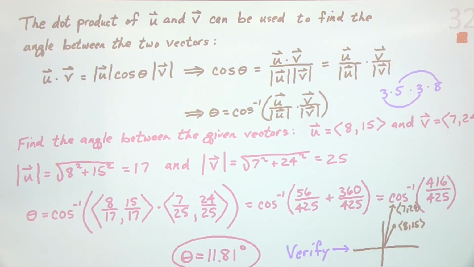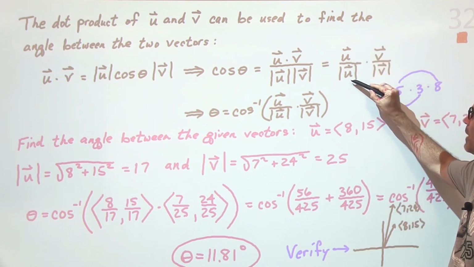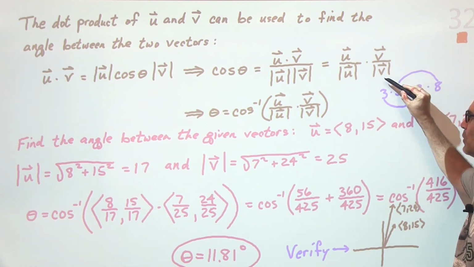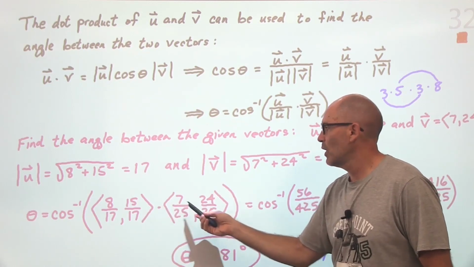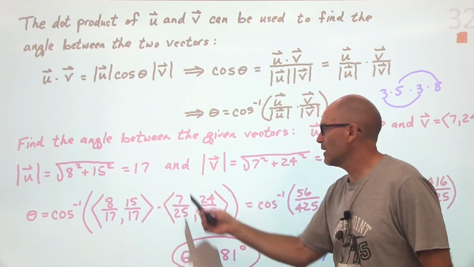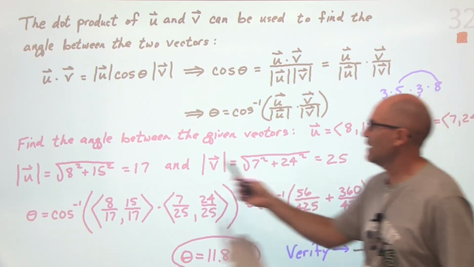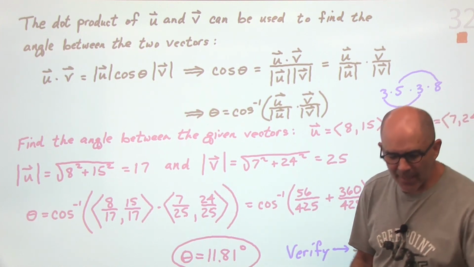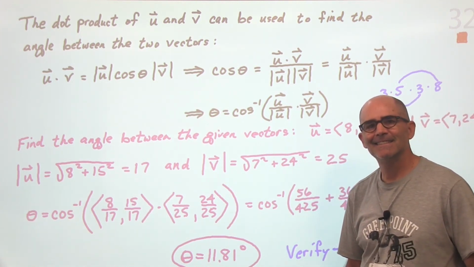So basically all we're doing is taking vector U and dividing by its magnitude, vector V and dividing by its magnitude, doing the dot product between the two, which means multiply the x's, multiply the y's, add them up, take the inverse cosine, bam, we're done. Game over, have fun with these.